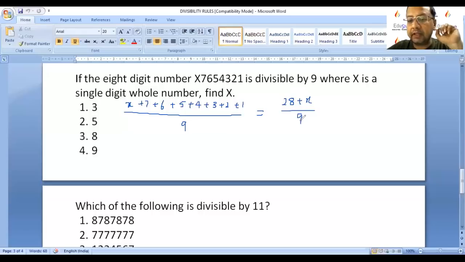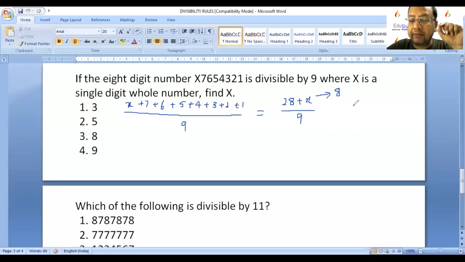Now tell me one thing, after 28, which is the number that is exactly divisible by 9? This is 36, right? So if I take a value of x which, added to 28, makes 36, can I take the value of x as 8?